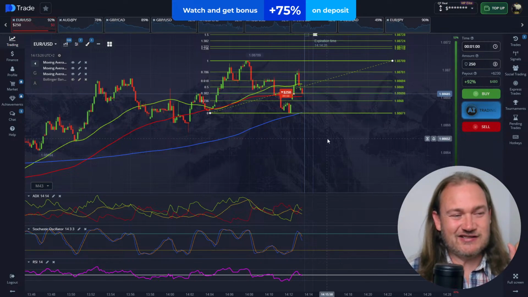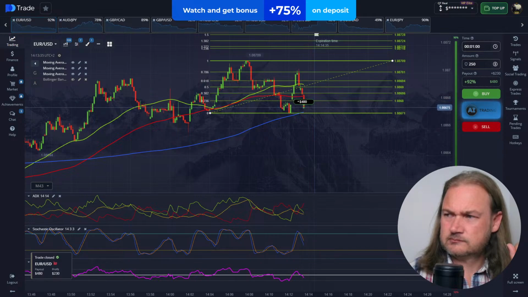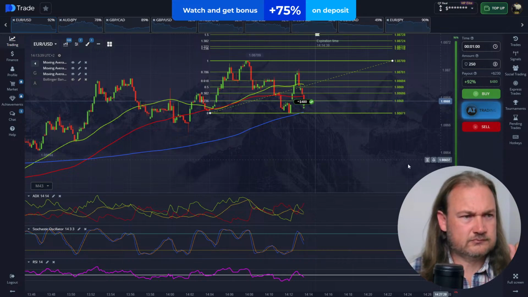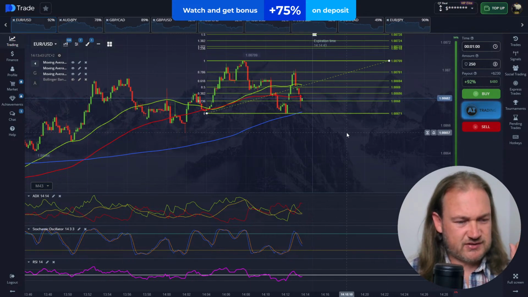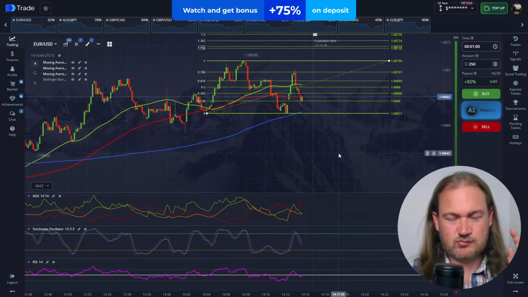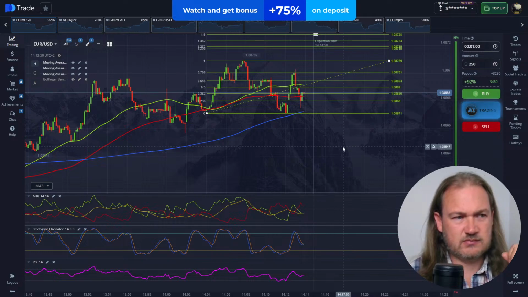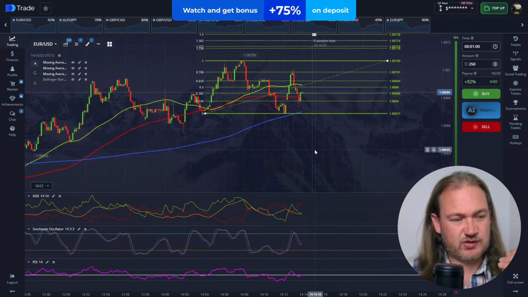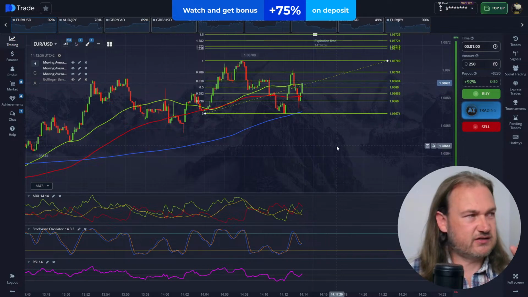Might actually get lucky. Okay, we did get lucky. It happens sometimes, but it was still a very bad trade. I see it as a bad trade because I did not wait for my strategy to fire.